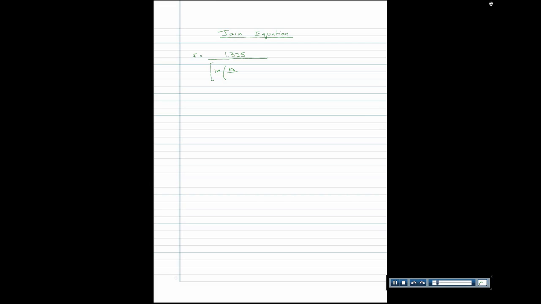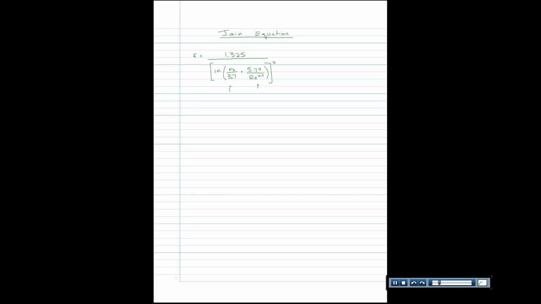Like the Colebrook equation, it has two primary terms: the term that has to do with the relative roughness, and the term having to do with the flow conditions.